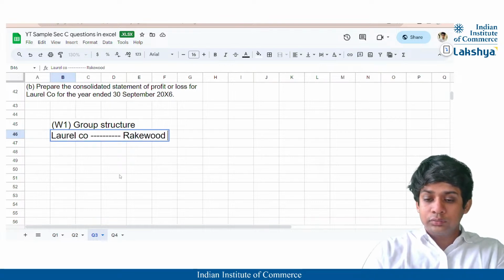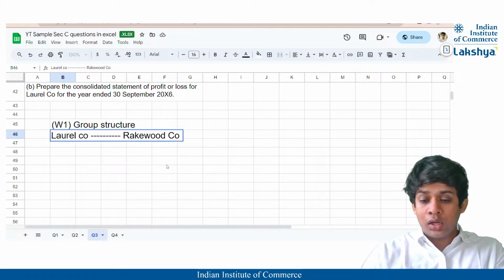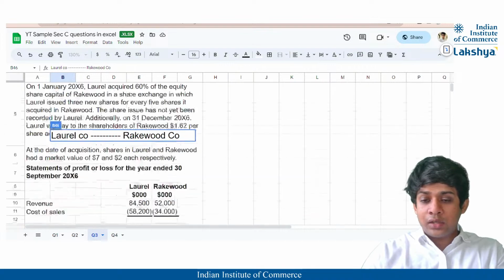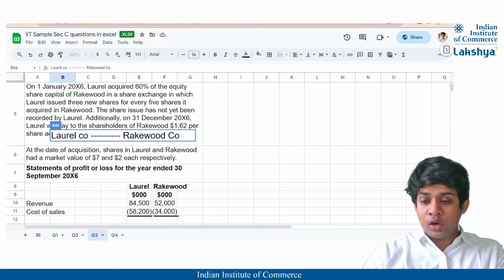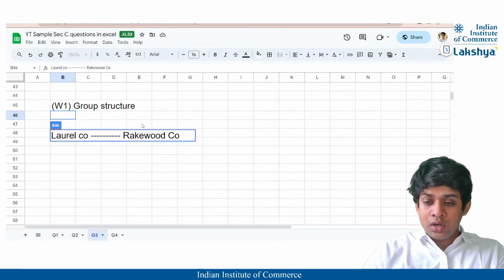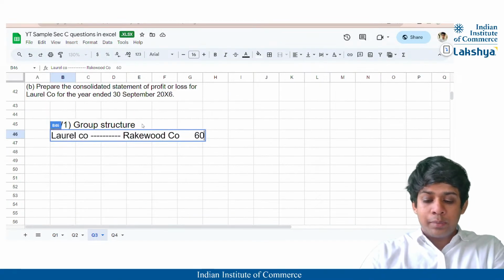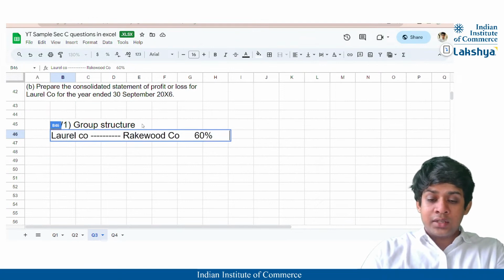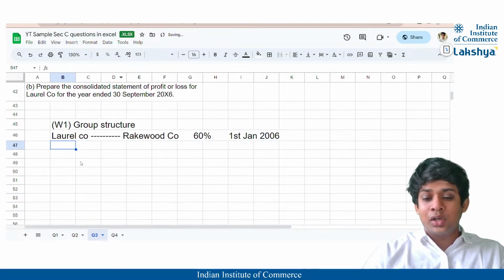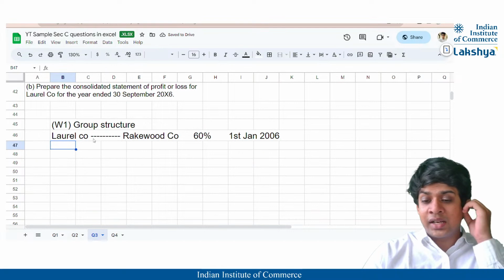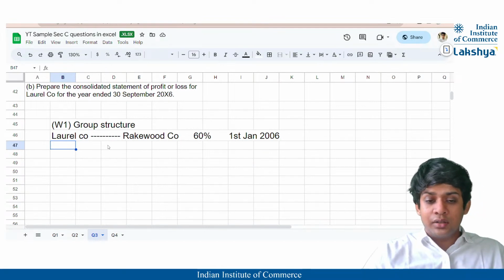And for how much percentage have they acquired? They've acquired 60% of the company on 1st January 2006. Okay. So you mention the percentage of the company acquired and the date of acquisition, that is 1st January 2006. This is the working note that you can show. You can present it however you want. I am stating it like this here.